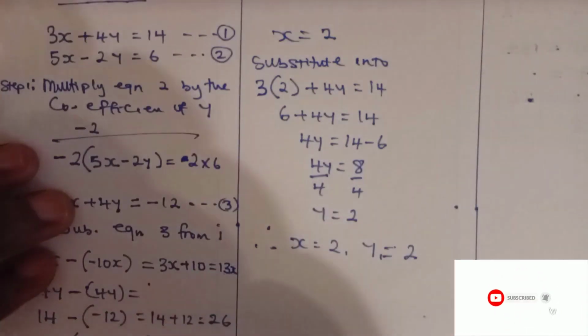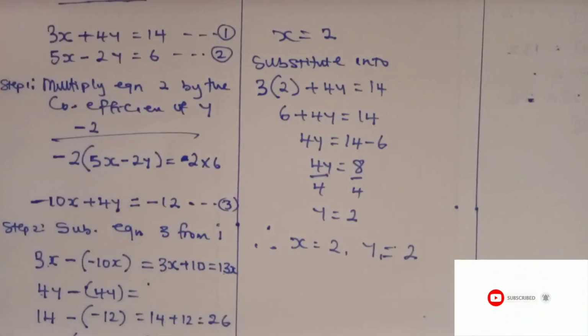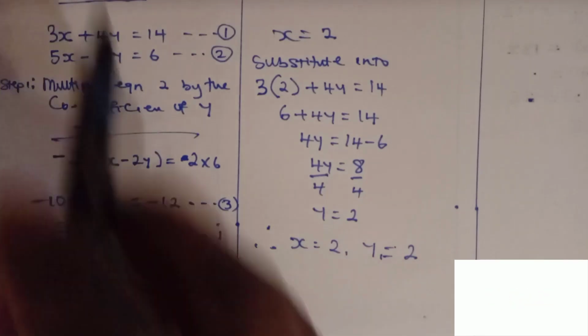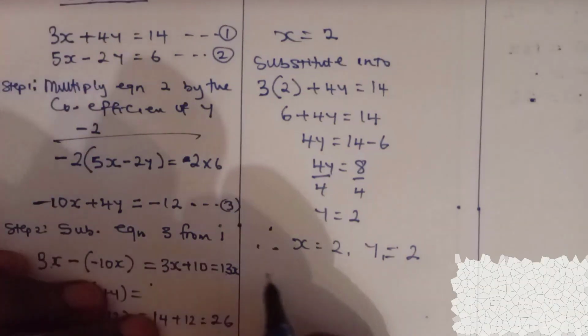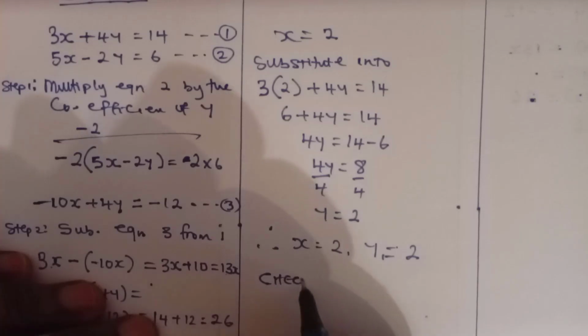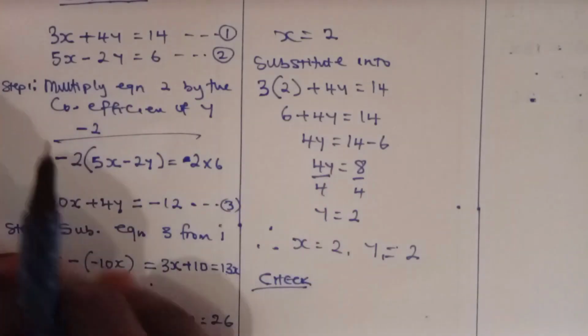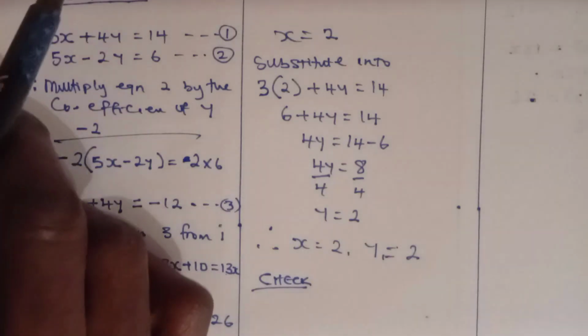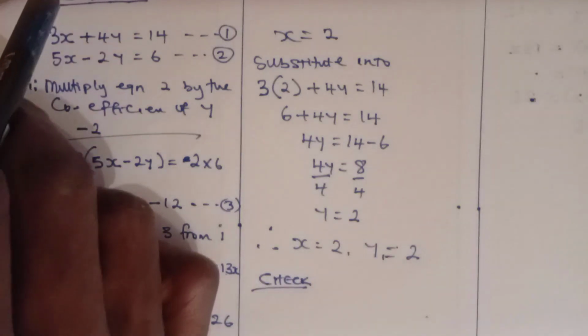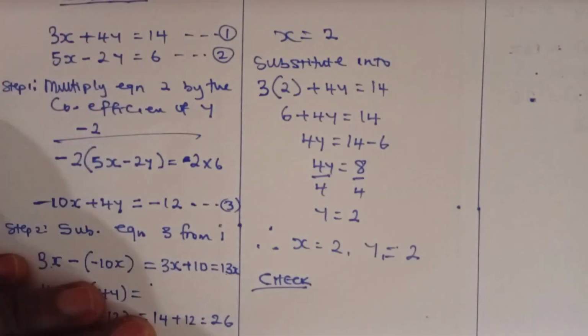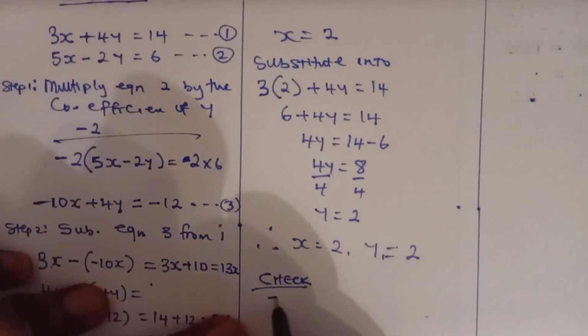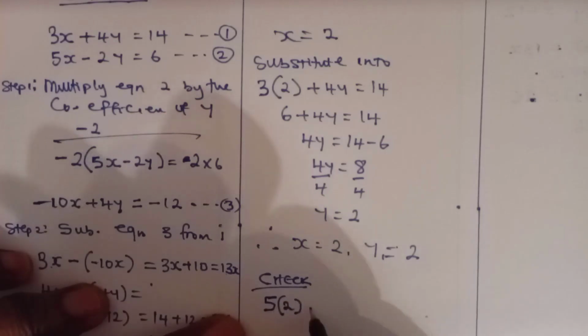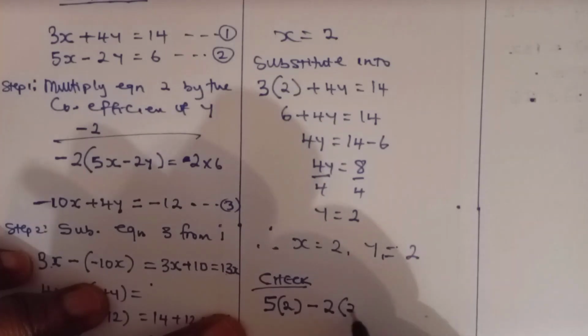So you can verify by plugging these values into any of the equations. So let's check. x is 2 and y is 2. Let's put it into any of the equations. Let's use equation 2 this time around. So we have 5 times 2 minus 2 times 2.